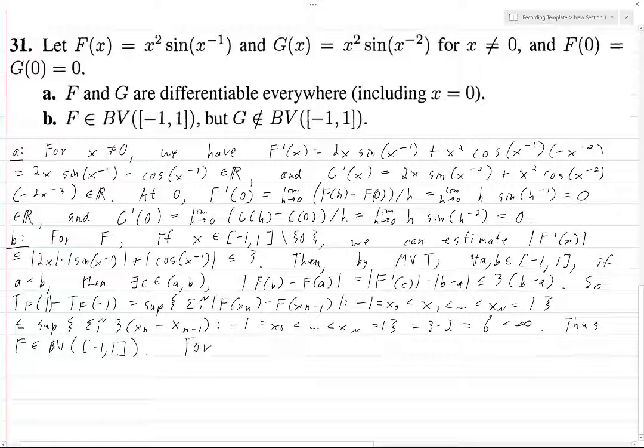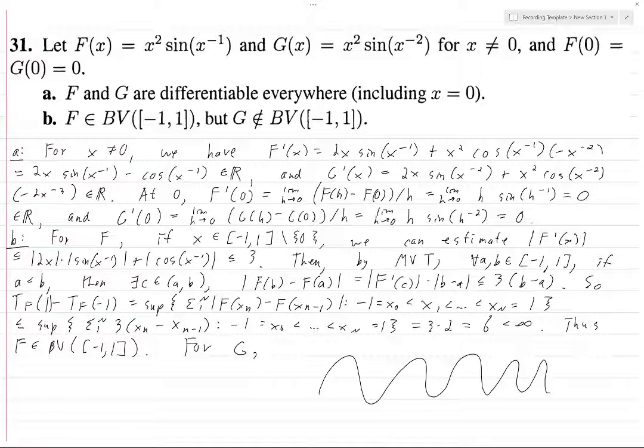Now for g, what's our intuition here? For g, we want to prove that it does not have bounded variation. So if g is going to be like a sine wave, something squiggly, then what would be the most natural way to get an easy lower bound for what the total variation could be?